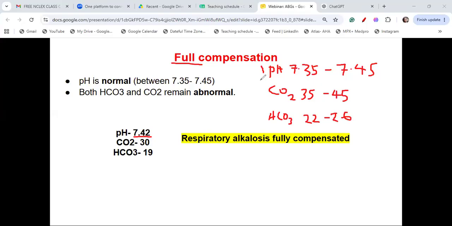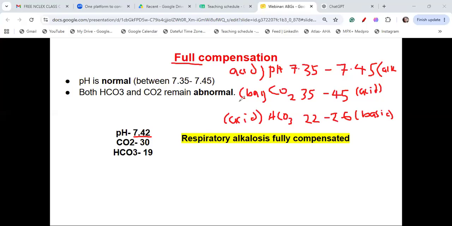You have to include what happens when they move to either side. When they move to this side, it is alkalosis. They move to this side, it is acidosis. This side is basic, this side is acidic. This side is basic, this side is acidic, okay?